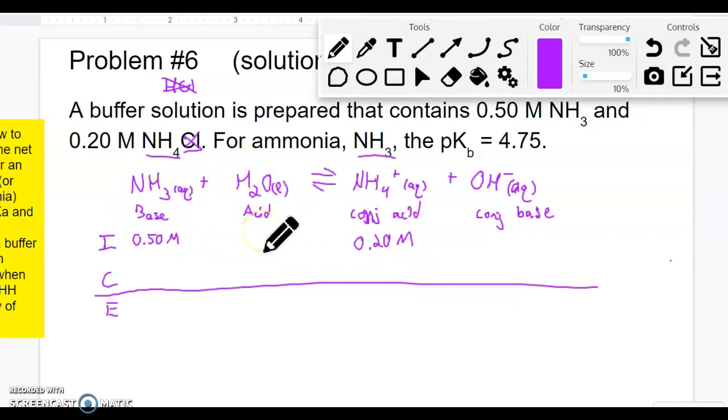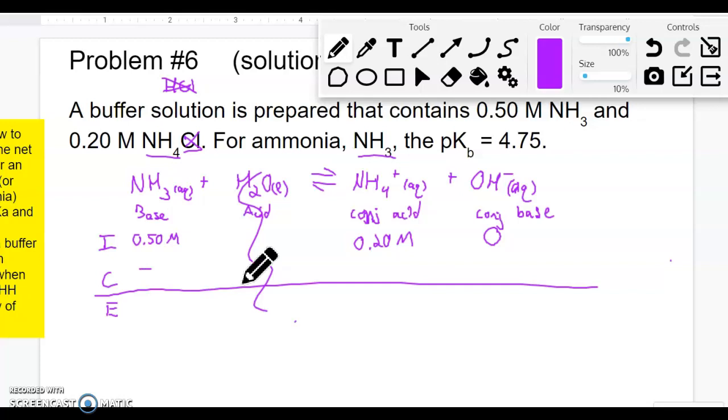For the H2O, I don't have to worry about it. But I know that I'm starting off with 0 concentration of OH minus. There's nothing in here that indicates what my concentration of OH minus is. For my change, I'm going to shift this way, because there's no OH minus, and produce some OH minus.